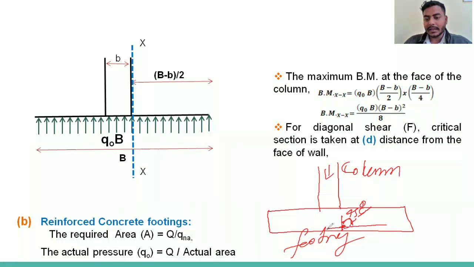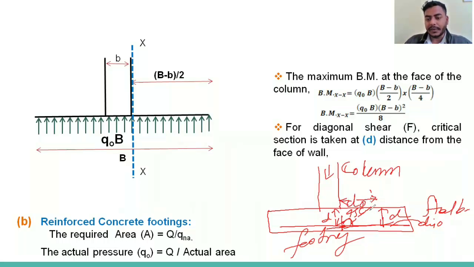You will see there is reinforcement, a steel bar provided here. This distance is d, this distance is d. So you will see there is a cracking pattern. This distance is d, and since the angle is 45 degrees, this distance also will be d.